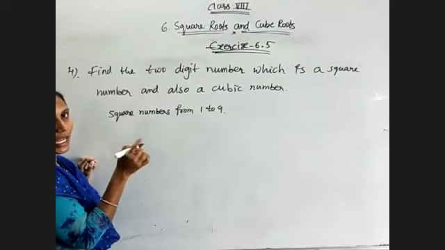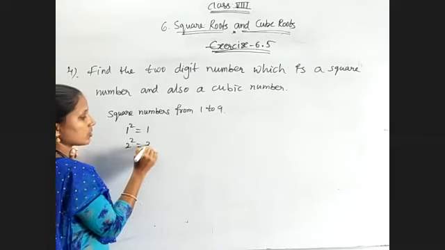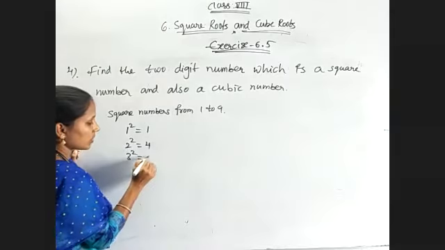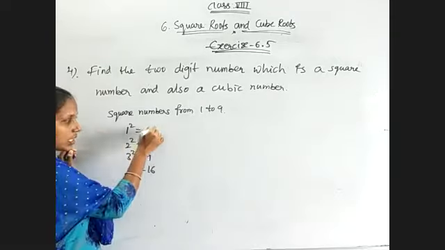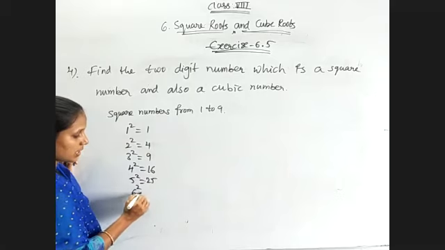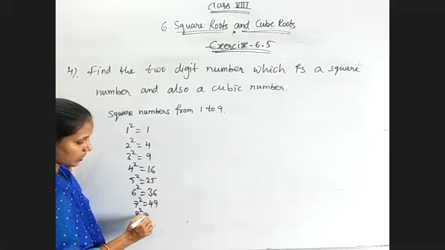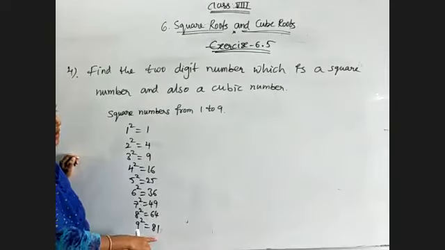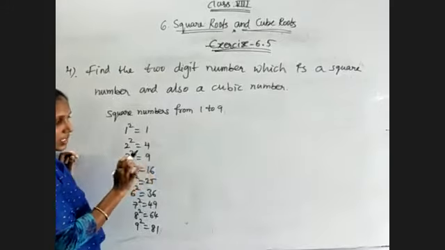For 10 we will get 100. 1 square is 1, 2 square is 4, 3 square is 9, 4 square is 16. Two digit numbers we want. Next, 5 square is 25, 6 square is 36, 7 square is 49, 8 square is 64, 9 square is 81. 10 square will be 100. We want only two digit numbers. These first three we don't want, but we are just writing them.